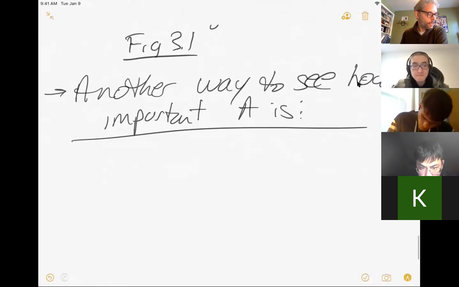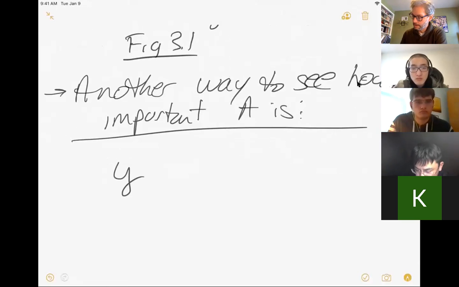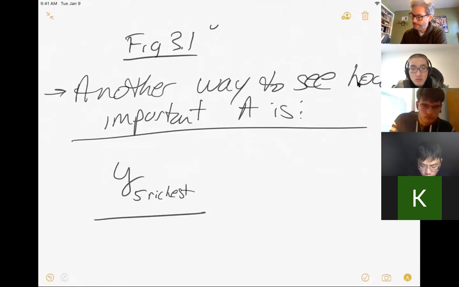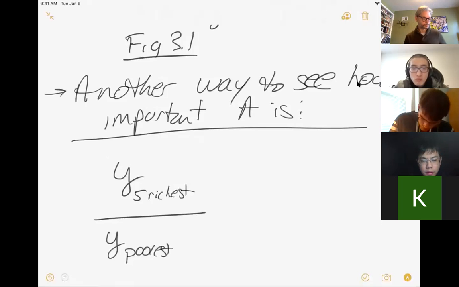Okay. Let's do the same trick with Y hat, but this time, let's just look at the 5 richest countries and the 5 poorest countries, okay?